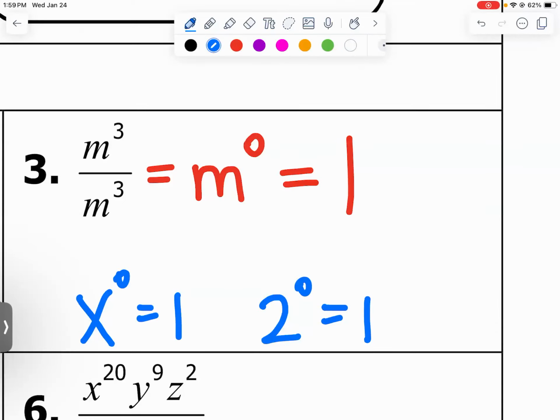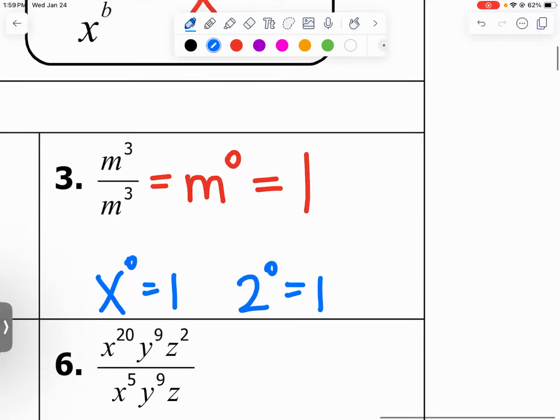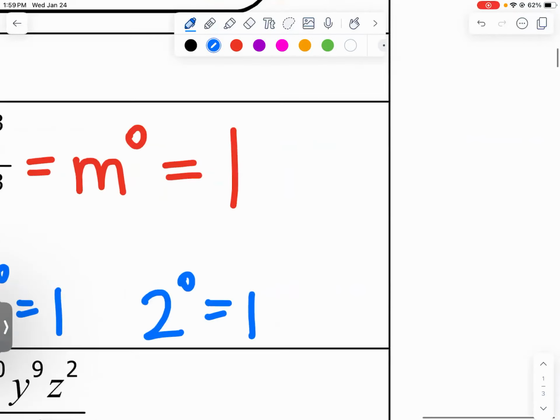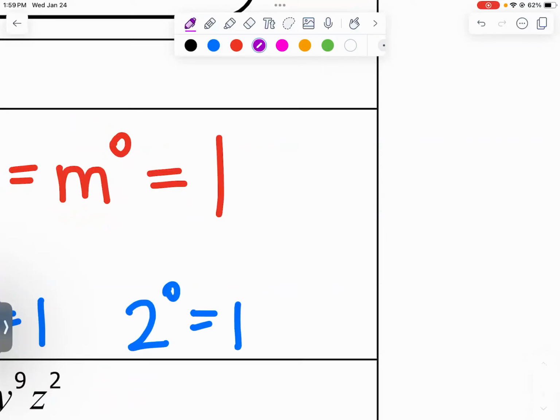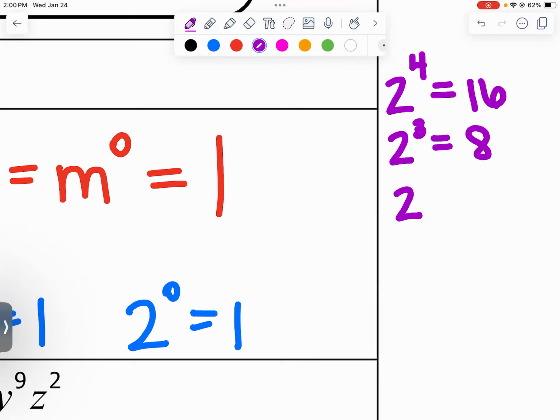Would you like to know why? Let's talk about why. Can somebody tell me what 2 to the 4th power is? What about 2 cubed? 8. What about 2 squared? What about 2 to the 1st?